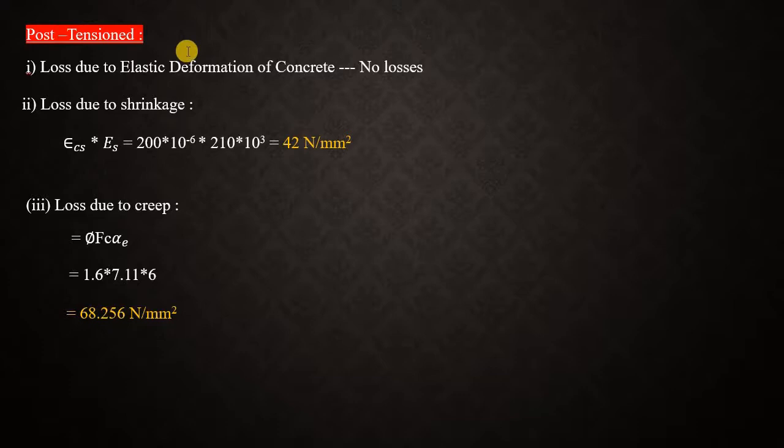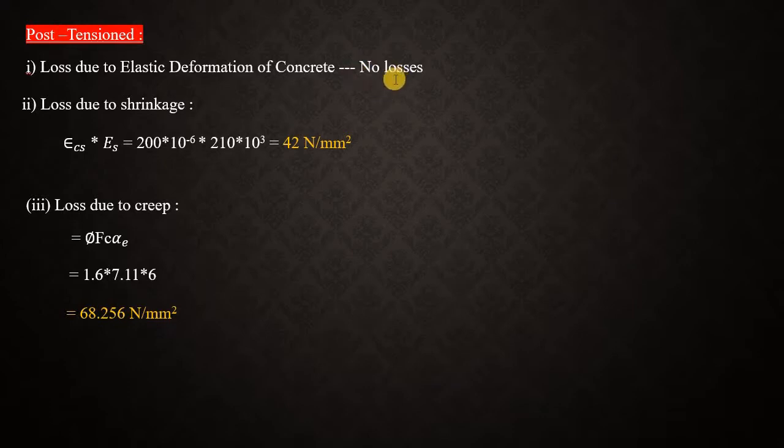The next calculation is for post tension. Again, calculate all the losses for this post tension. The first loss is loss due to elastic deformation. Here in post tension there won't be any loss due to elastic deformation, so I have mentioned it as no losses.